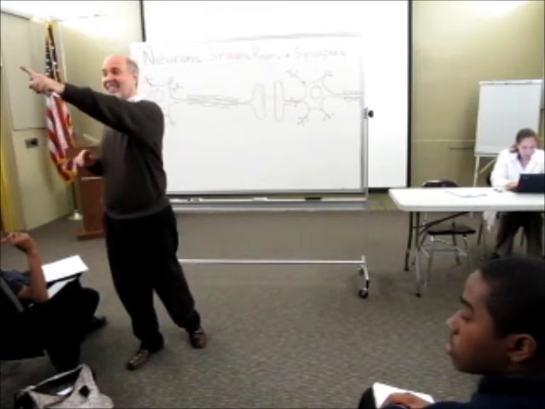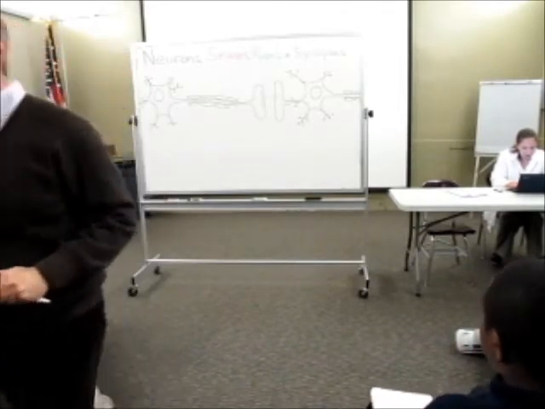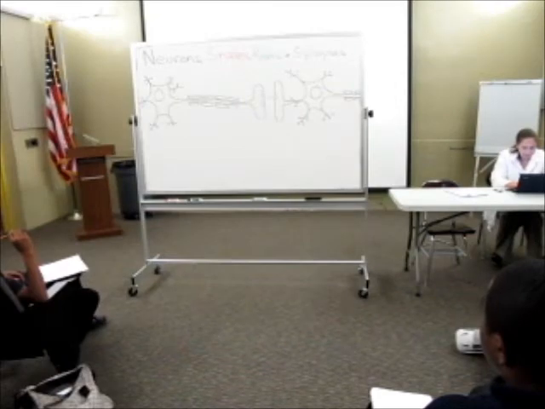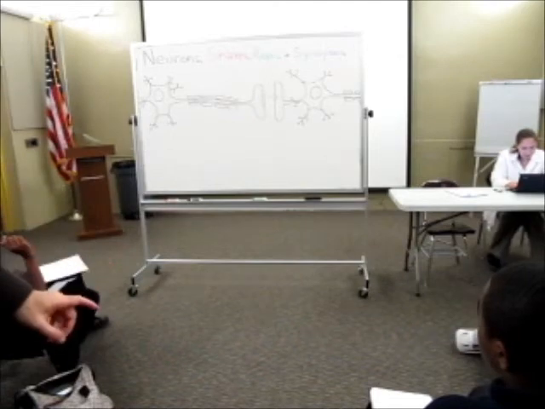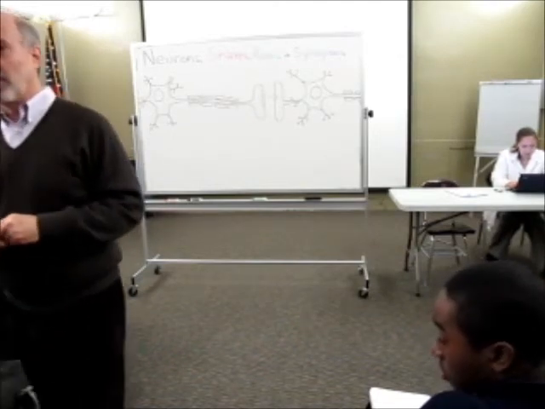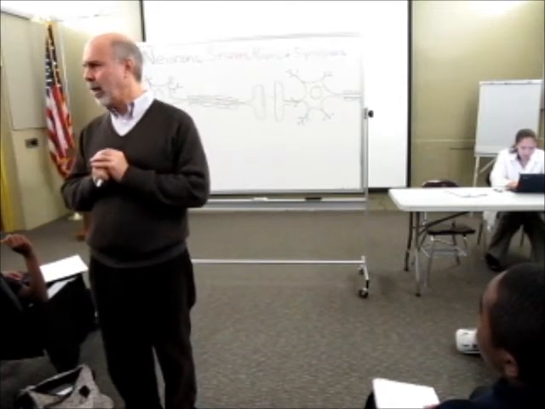Someone in the back, yes. Right, so I'm asking, what kind of things do you think could go wrong to cause your synapses not to work? Stroke, okay, very good. Now, has anyone told you about stroke yet?